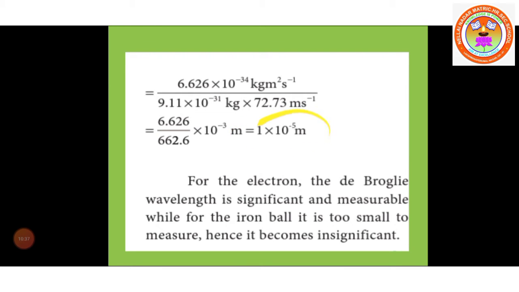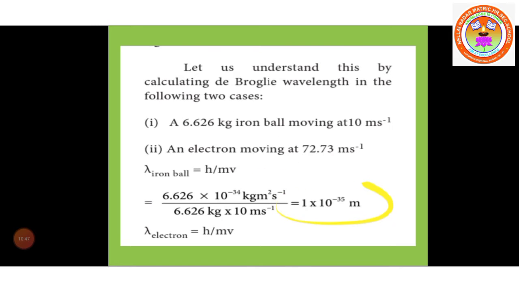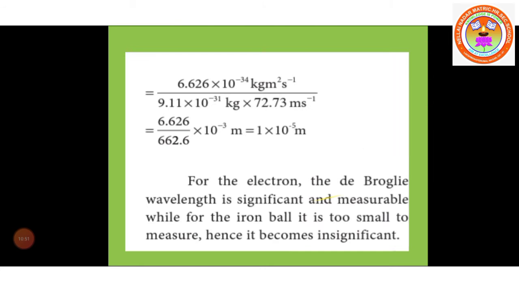So the electron wavelength is higher than that of the iron ball wavelength. The iron ball wavelength is 1 × 10 to the power of minus 35 meter, which is very, very small. The wavelength of electron is 1 × 10 to the power of minus 5 meter, which is higher.